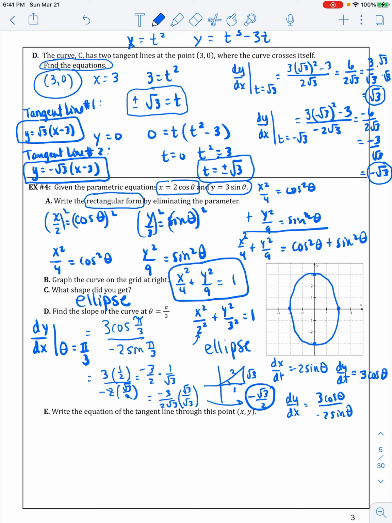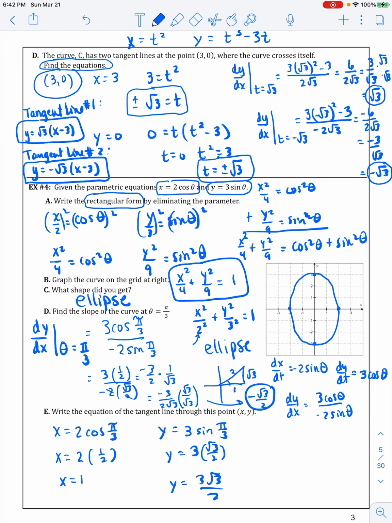Write the equation of the tangent line through this point. Okay, so we have to find that point. x equals 2 cosine pi over 3 would be the x value at that point. y equals 3 sine of pi over 3. And so x equals 2 times the cosine, which was 1/2, so our x is 1. And y equals 3 times the sine, which is square root of 3 over 2, so our y would be 3 root 3 over 2. And so we found our dy dx already, right? This was our dy dx.